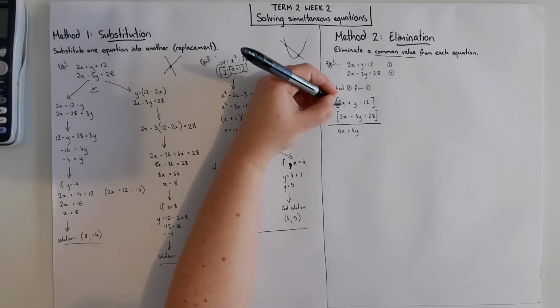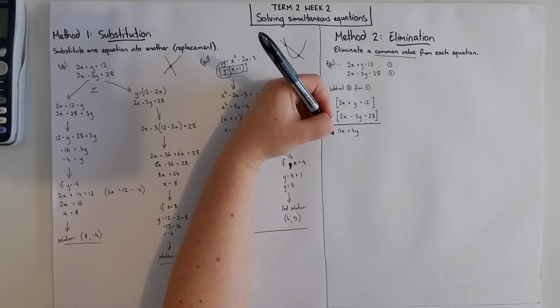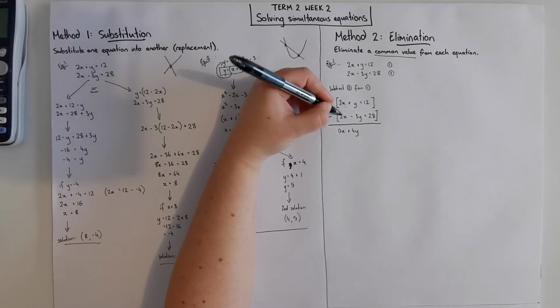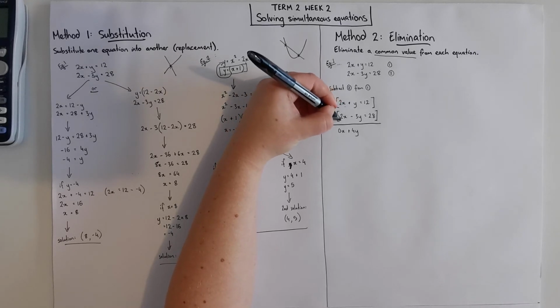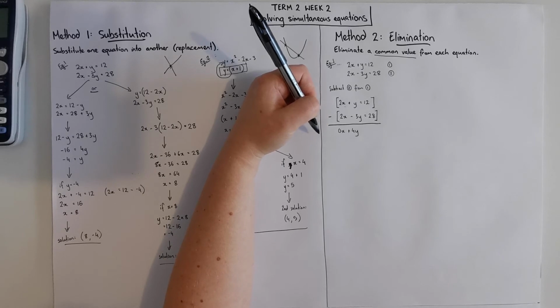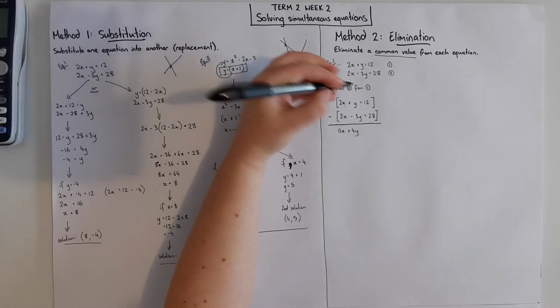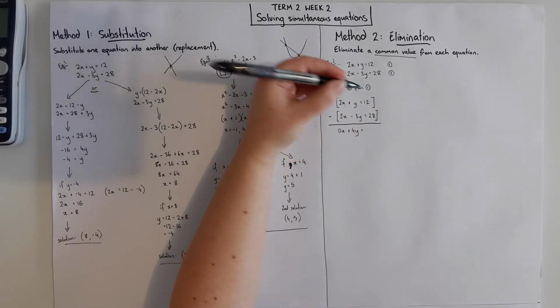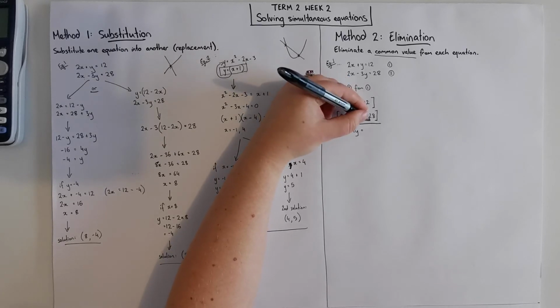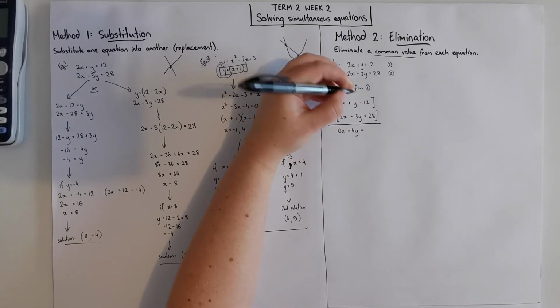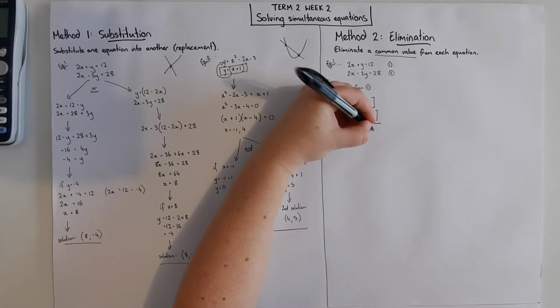I subtracted so that I could get rid of something overall and result in a 0 somewhere. If for some reason this was a negative 2x, I would do the opposite and add the entire equation. So just be careful with what you're doing. Now, of course, I need to also subtract 28 from 12, so that leaves me with a negative 16.